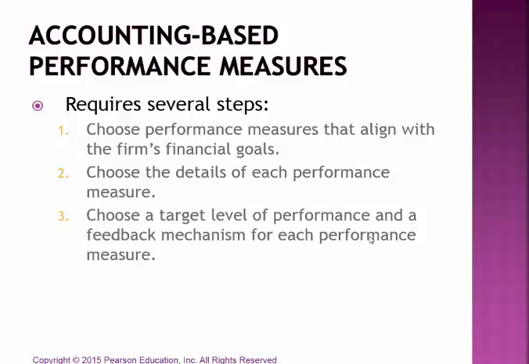Okay, we've got our strategic plan. We know there's certain things that we're going to have to do to make that come to fruition, and we will be able to put out there the goal performance measure and what we think is attainable as to that performance measure, and we're going to use that to compare our actual performance to the actual performance of the particular subunit or the manager who is being evaluated.